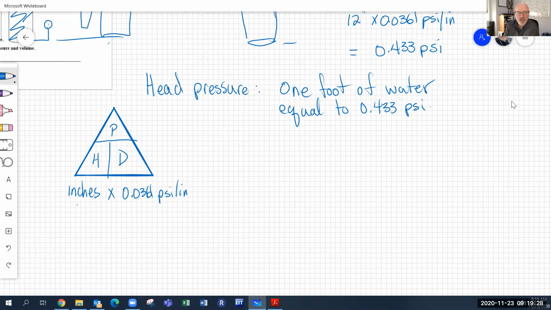So now if I'm talking about feet in height of water, I would simply multiply by 0.433 psi per foot, and this would be head pressure.